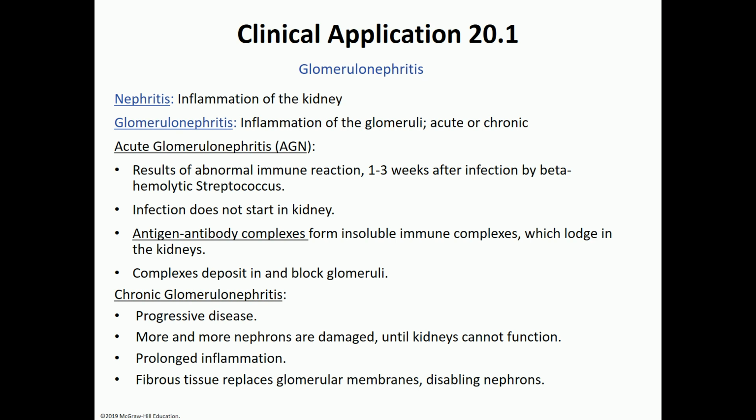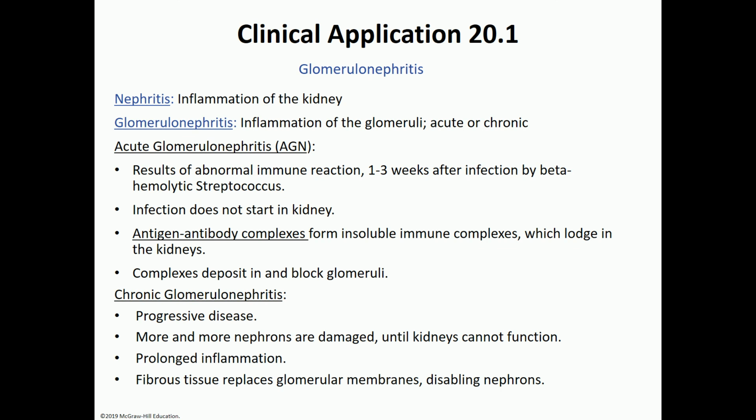What happens is that a person has an infection elsewhere in the body. It's usually a strep throat infection. It usually happens about 2 to 3 weeks after a beta hemolytic streptococcus infection, which we technically get in the form of a strep throat that goes untreated with antibiotics.